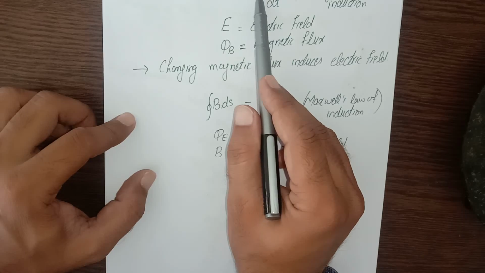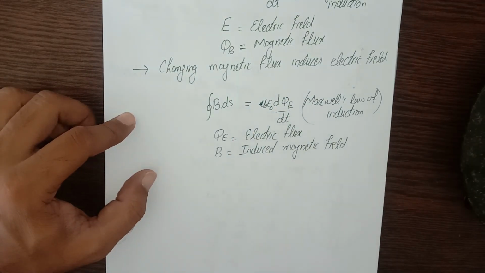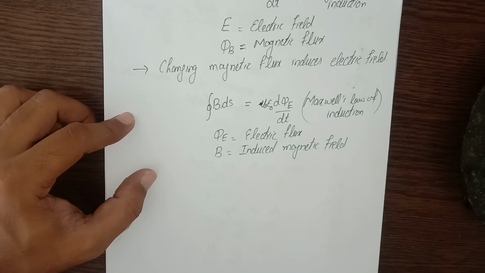This negative sign is due to Lenz's law, right? And this positive sign indicates that the electric field and the induced magnetic field have opposite directions when they are produced in this situation.